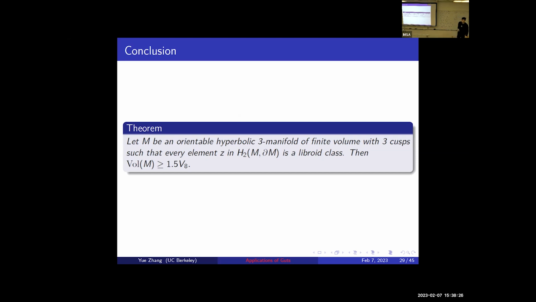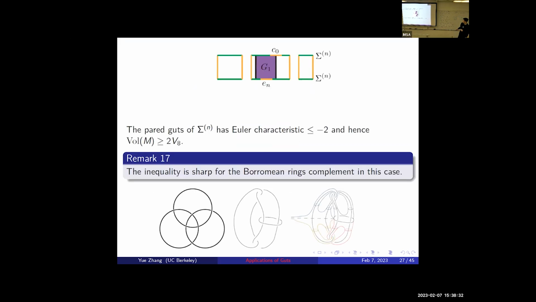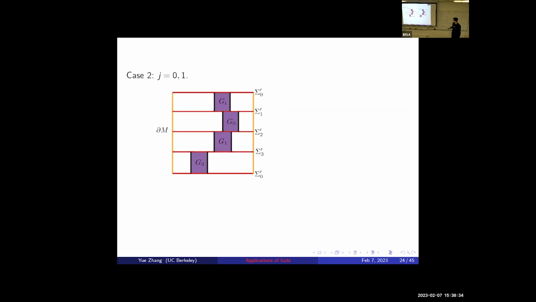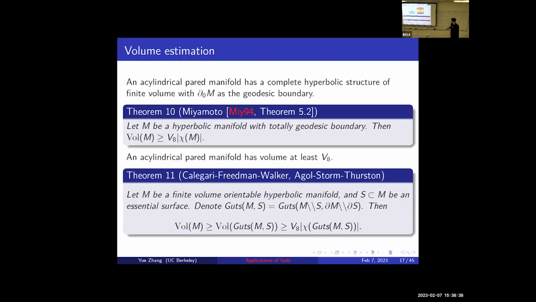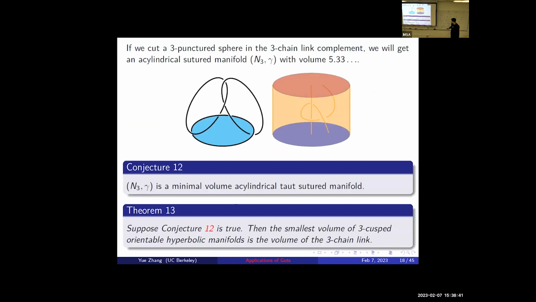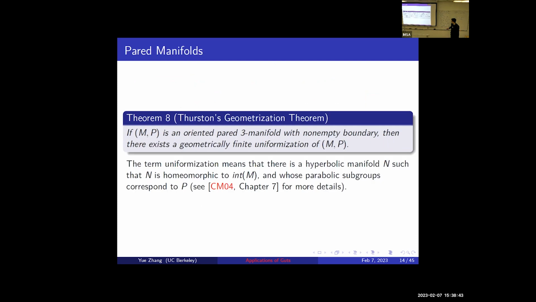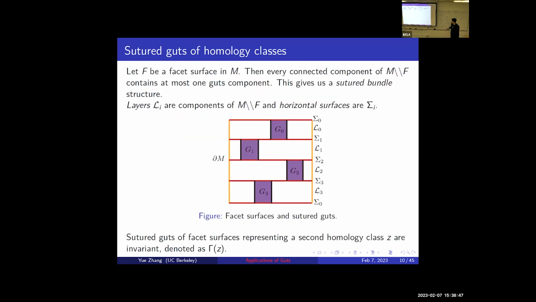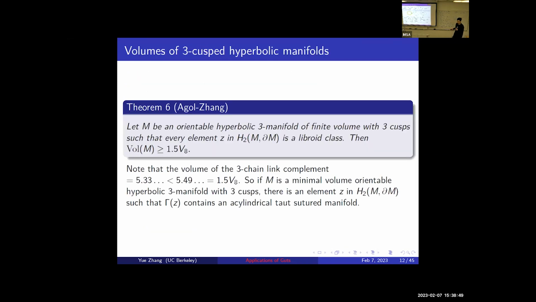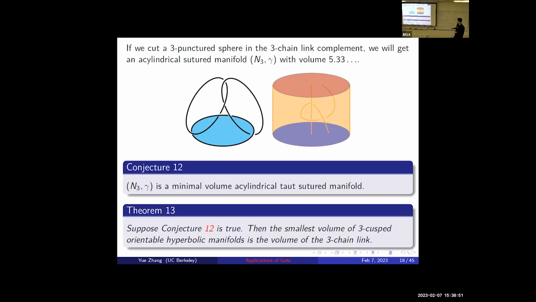Do you use the uniqueness result that Ian mentioned? I think we use that in showing that there are at least two guts components.